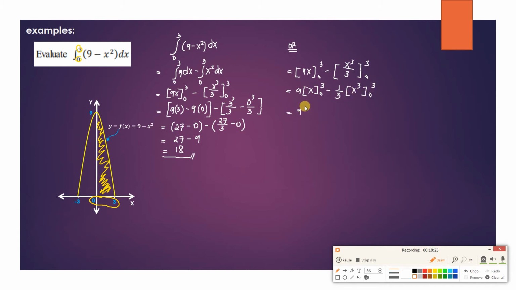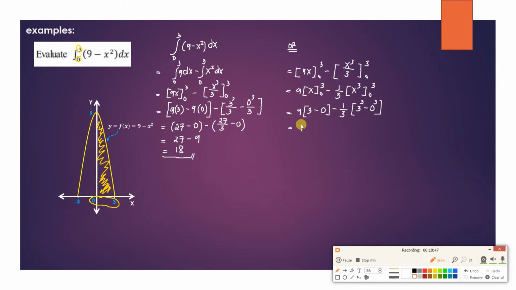So, we have 9. Applying the limits, we have the upper, ayun yung si x, minus si lower. Okay, sana nasusundan ha. So, let's try on the second term. The upper, papalitan si x ng 3, minus, papalitan ulit si x ng 0, minus lower.